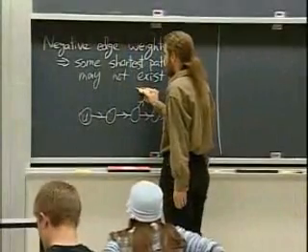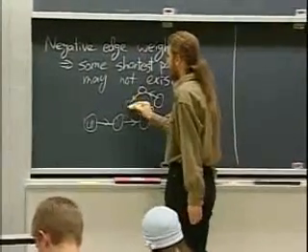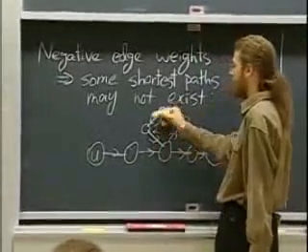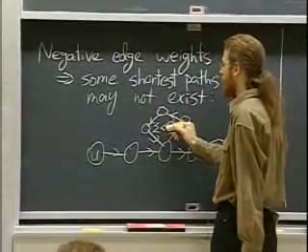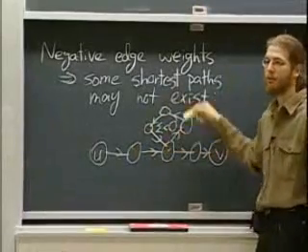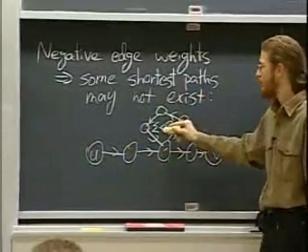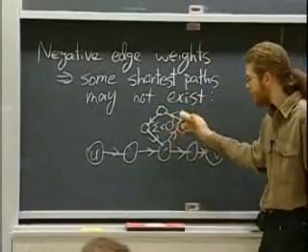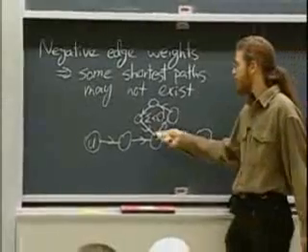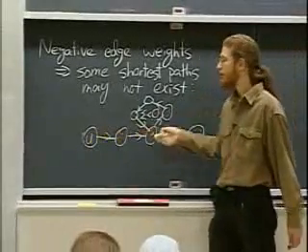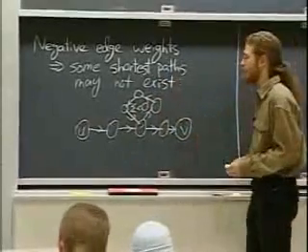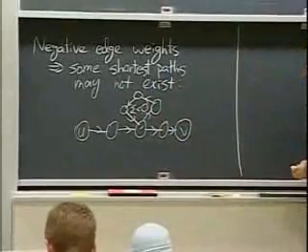So if I can find a cycle somewhere along here whose total weight, the sum of all the weights of these edges, is negative, then as long as I get there, I go around as many times as I want. I keep decreasing the weight because the weight is negative. I decrease it by some fixed amount, and then I can go to V. So as long as there's a negative weight cycle reachable from U that can also reach V, then there's no shortest path.